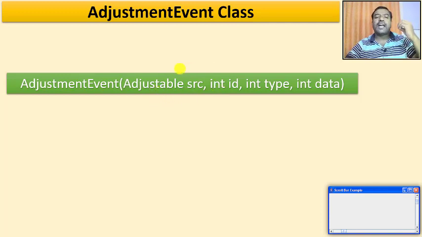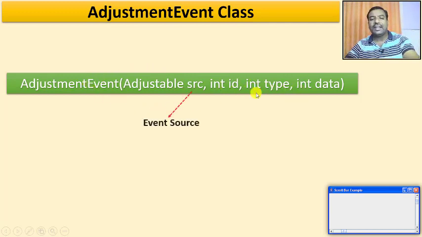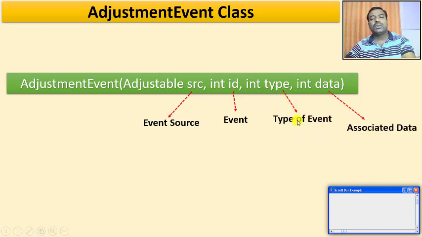So I'm going to have type and data as the event source and the event ID. Whatever event has been generated, the type of the event is going to be of different types, and the associated data for each type of event will occur.